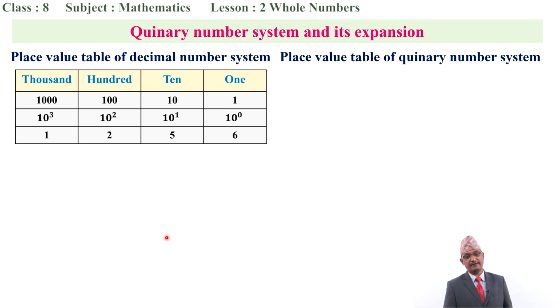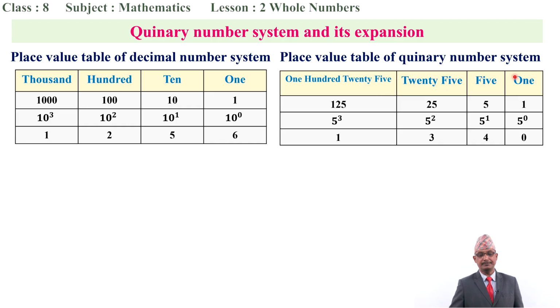Yes, your guess is correct. We multiply it by 5. Look here. 1, 5, 5 5s are 25, 25 5s are 125. Why have we multiplied by 5? Because in the quinary number system we have base 5, so we have multiplied it by 5. In the binary number system base is 2, so we multiply it by 2.